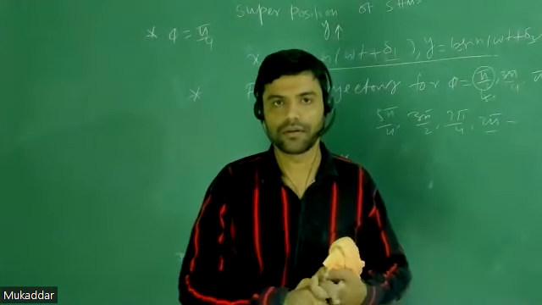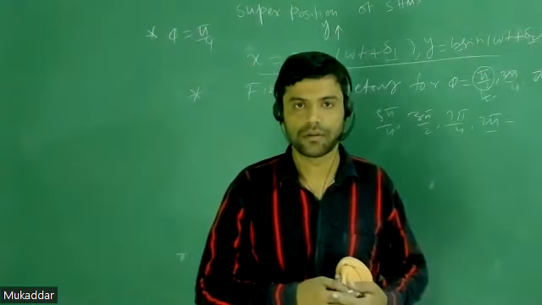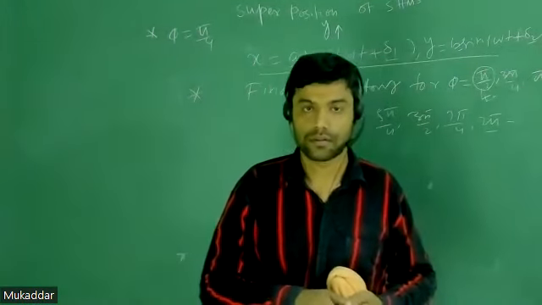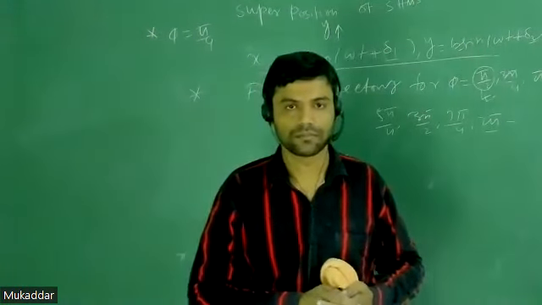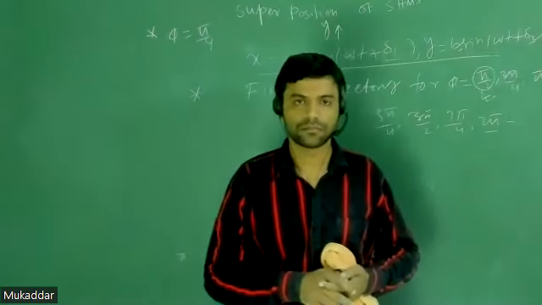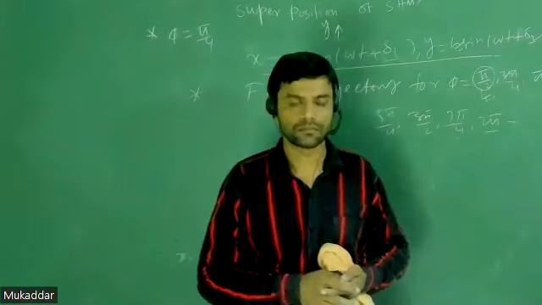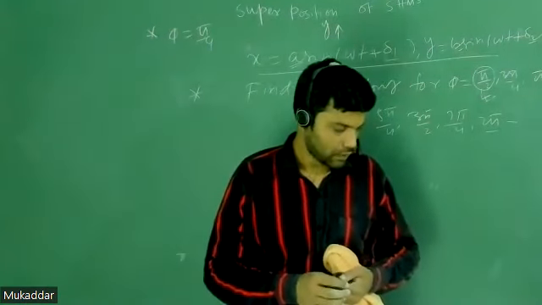Okay, sir. But in superposition, in case of x1 and x2, that is oscillation along the x-axis, we add the two equations of motion, x1 plus x2, and get the final expression. So what is the difference between these two cases?